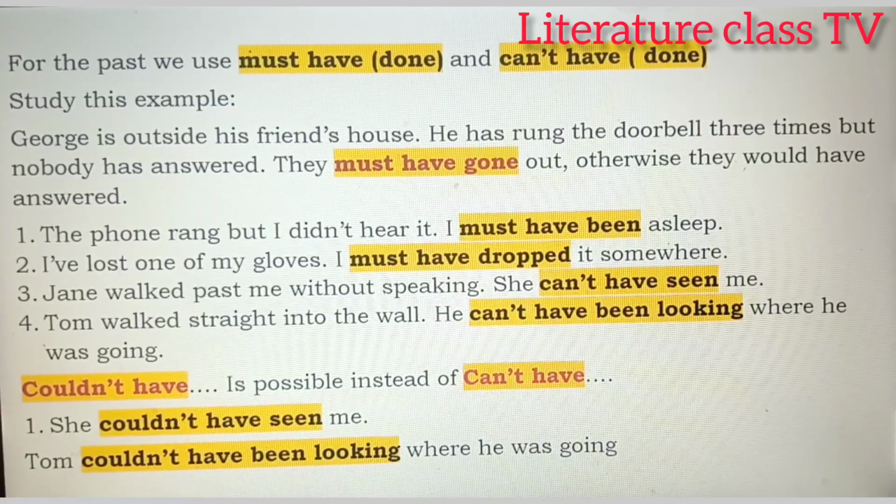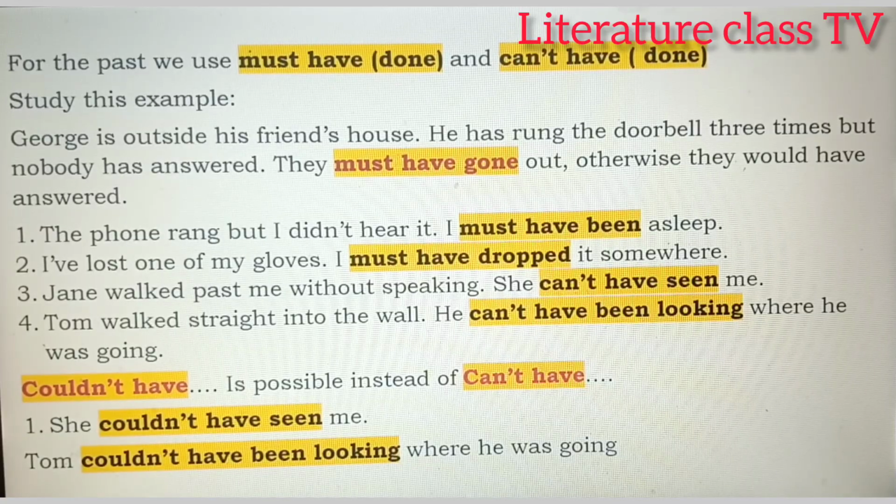George is outside his friend's house. He has rung the doorbell 3 times, but nobody has answered. They must have gone out. Otherwise, they could have answered.